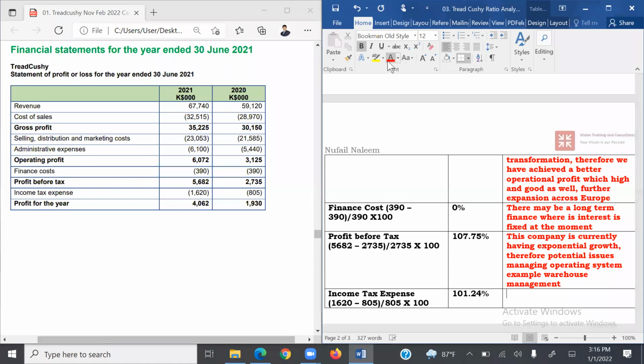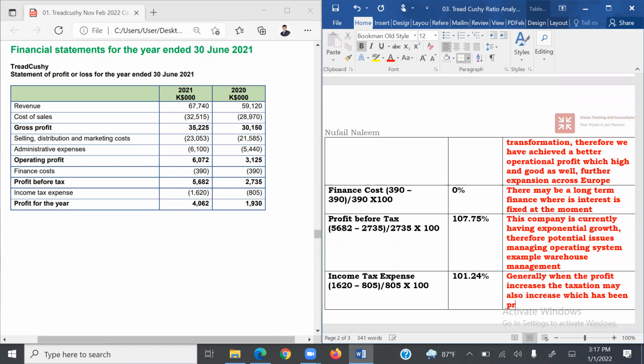So I'll write down here, generally, this is a general technical rule: when the profit increases, the taxation may also increase, which has been presented above. So get that understanding. 100% and 7%, so a slight difference, but still I agree with that.